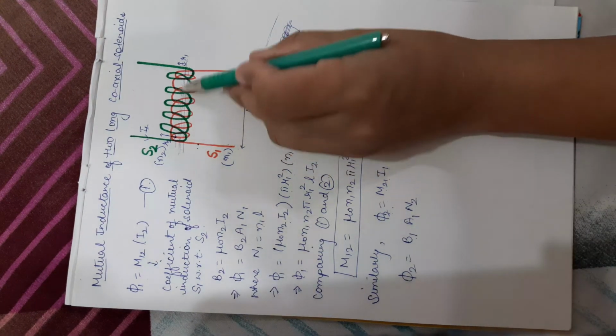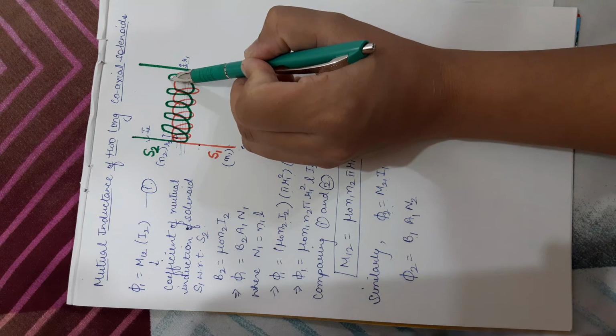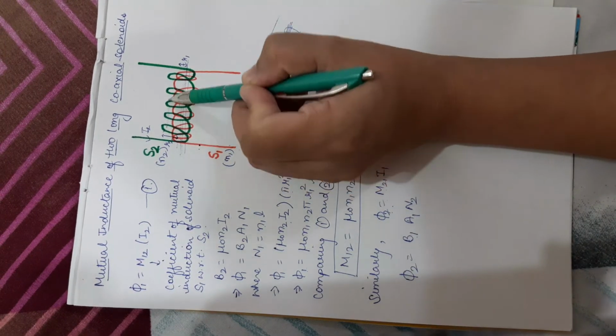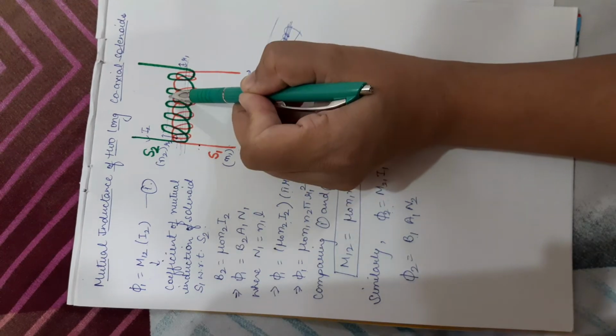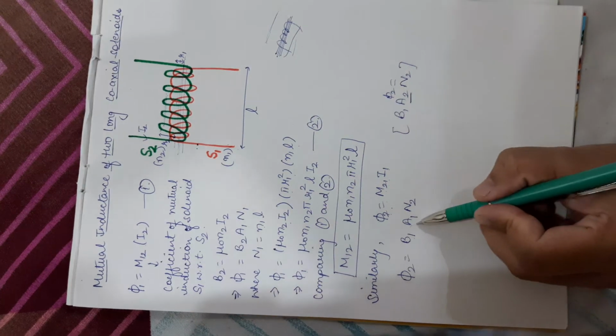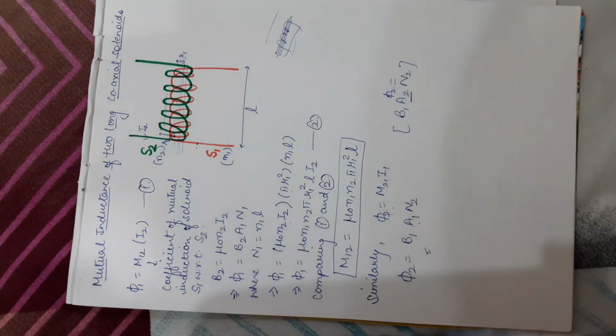Because the inner area has the magnetic field, the outer area does not. So the flux cannot be counted there. The flux is ultimately going to be counted in this much area only. That is why I have taken area A1. So just put the values of B1, A1 and N2.